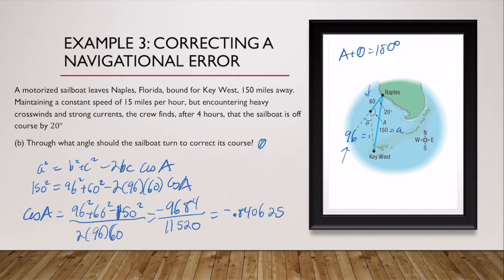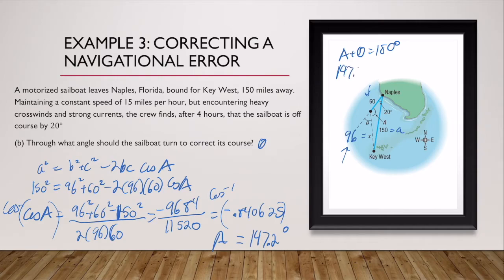And then I have to take the inverse cosine of that, and I get that A is 147.2 degrees.